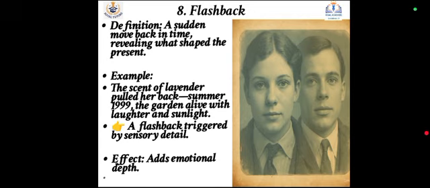This is a flashback triggered by sensory details, in this case the sensory detail of smell. Now for the effect, it adds emotional depth to the writer's writing.